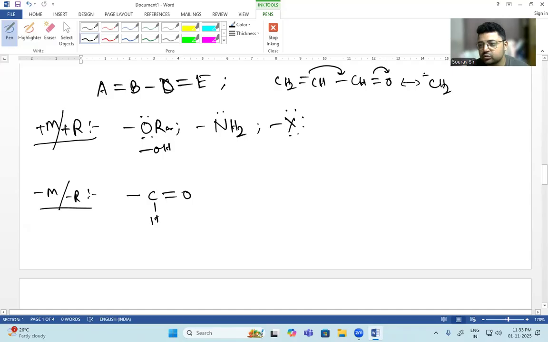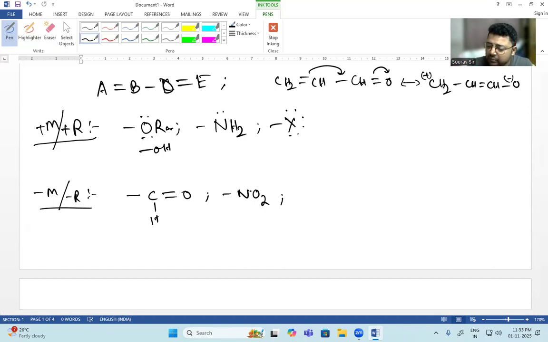So CH2 minus, plus, single bond CH double bond CH single bond O with a minus sign. This is how the more electronegative atom will take the electrons towards itself. So CHO group, then NO2 group. NO2 group shows minus I, minus R, and minus M. I will make a list out of it and then discuss it with you. These are the main things and they have high application.